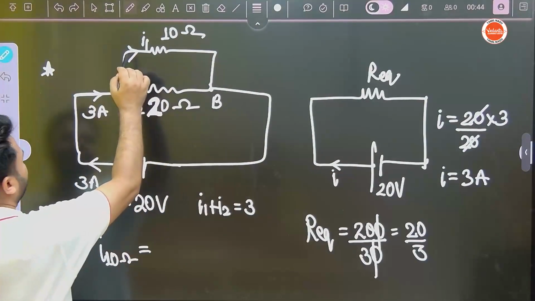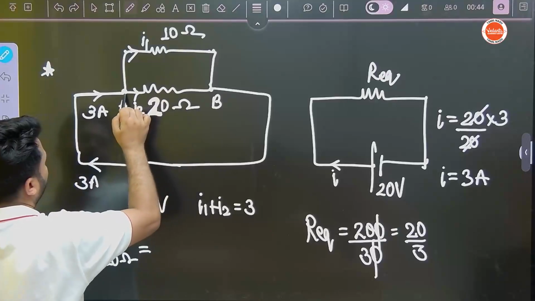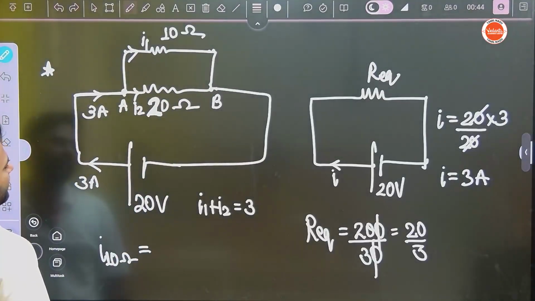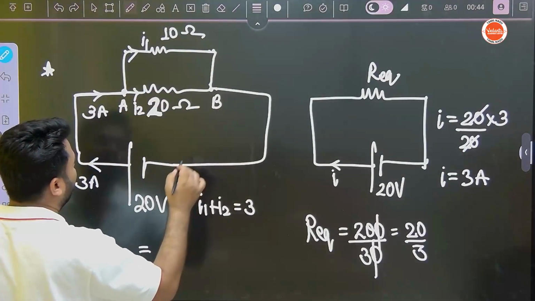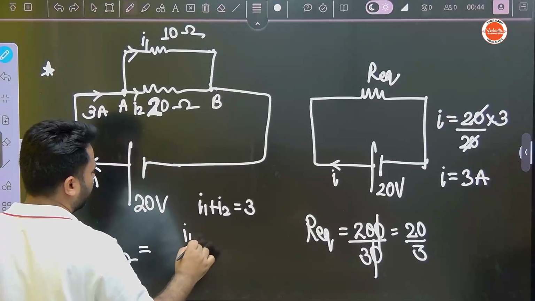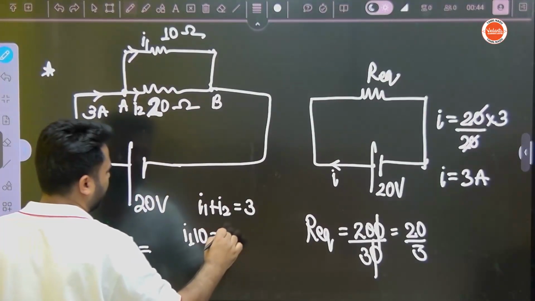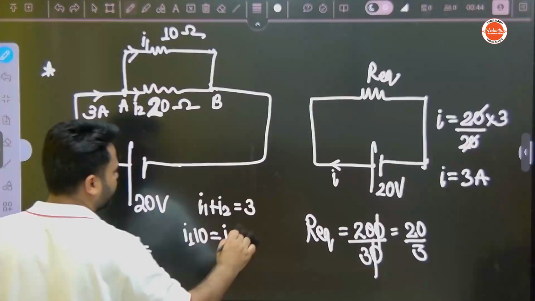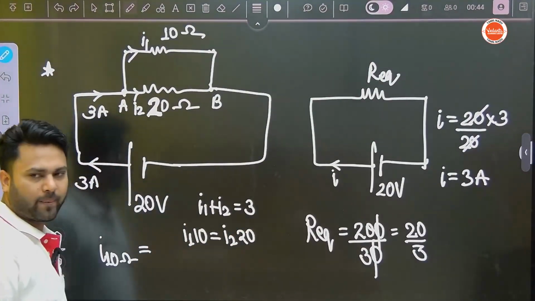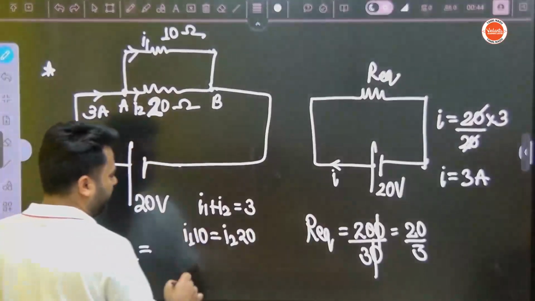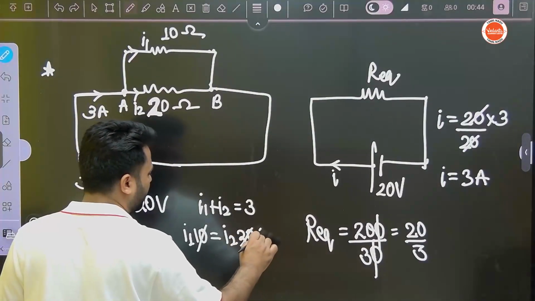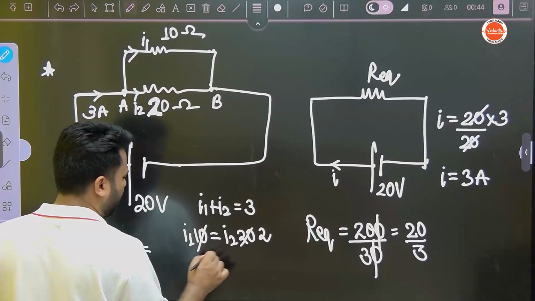Second, whatever voltage across this, same voltage across this, they are in parallel. So voltage equals to IR. So I1 times resistance 10 equals to I2 times resistance 20. So what we are getting, 10 I1 equals 20 I2, I1 equals to 2 I2.